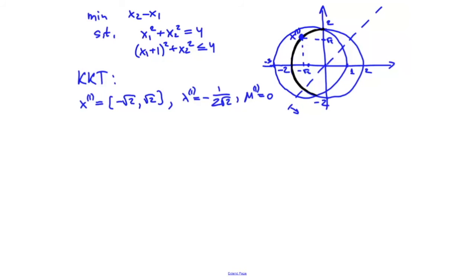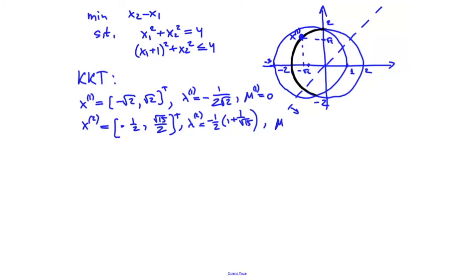The second KKT point, x2, is given by minus 1/2 for x1, and then square root of 15 over 2 for x2. Okay, so the corresponding lambda multiplier will be minus 1/2, 1 plus 1 over square root of 15.